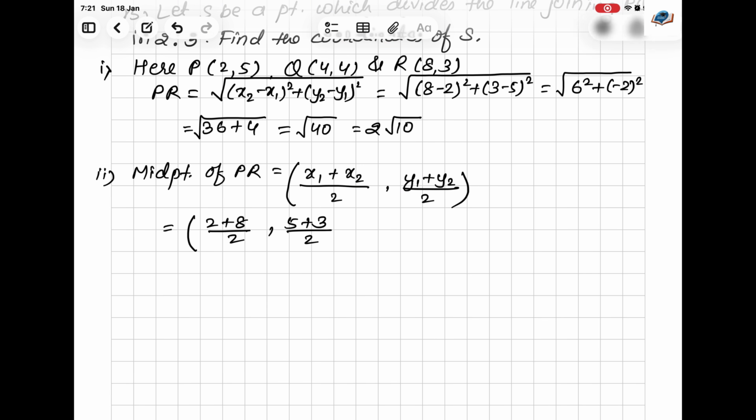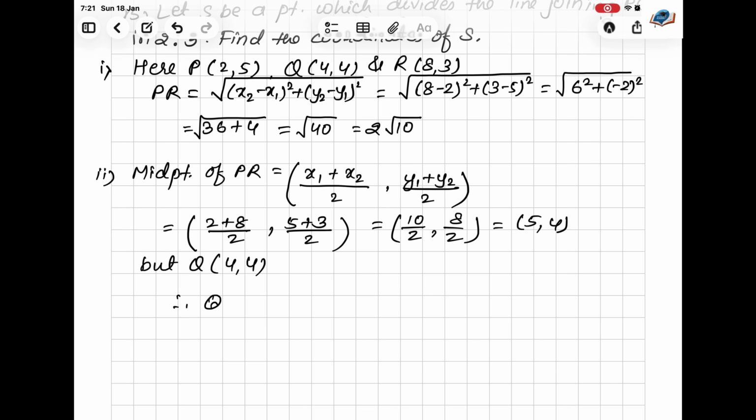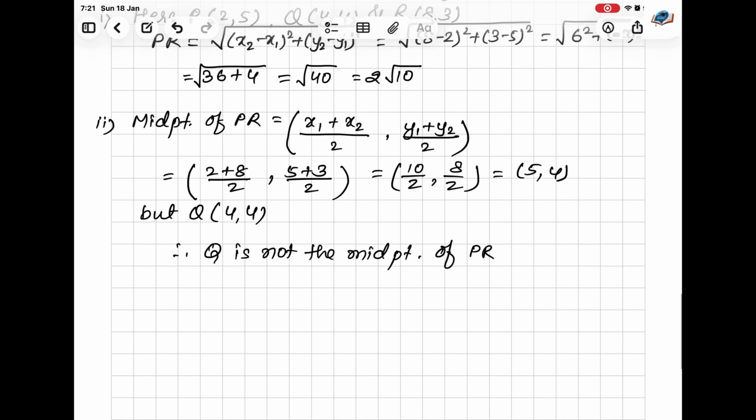So that will be 10 by 2 and 8 by 2. So the point should be 5, comma 4. But Q is 4, comma 4. So therefore, Q is not the midpoint of PR.